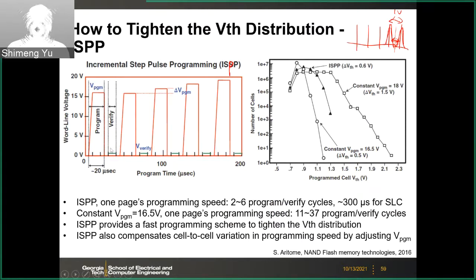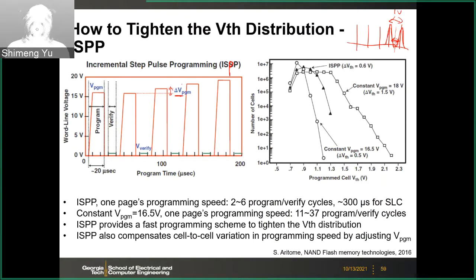If it's below your target, because this is a monotonic increase, every time you do this pulse your VTH will increase a little bit. So first you apply the first program pulse and then verify, read it. If it's still below the target, you apply the second pulse. Then for the second pulse, typically you will increase the voltage by a delta V program.